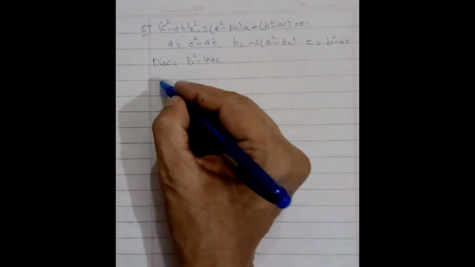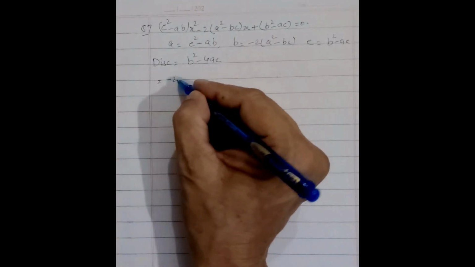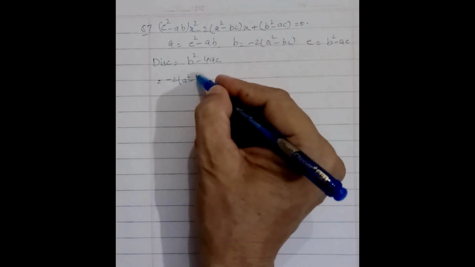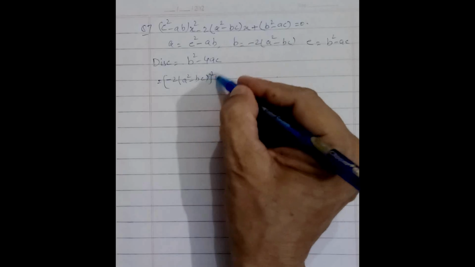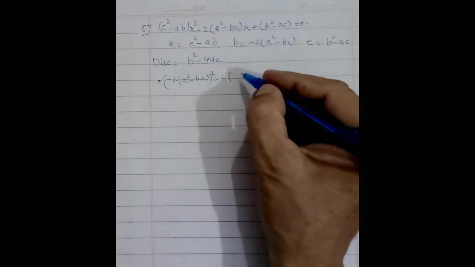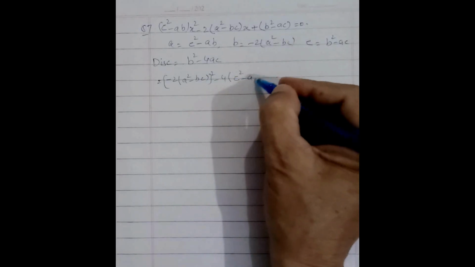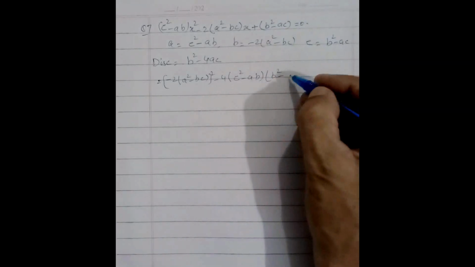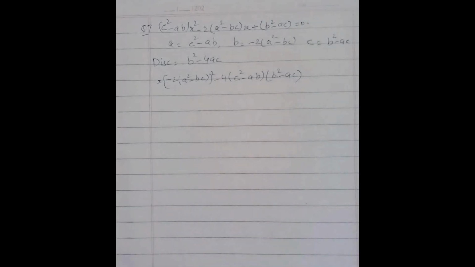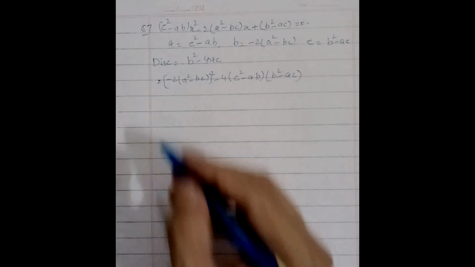We get (−2(a² − bc))² − 4 times (c² − ab) times (b² − ac). So we simplify the values of the discriminant.